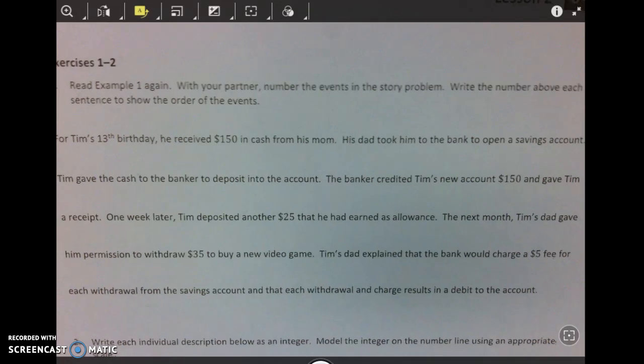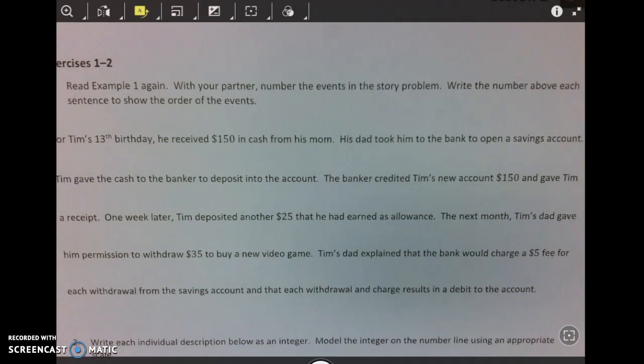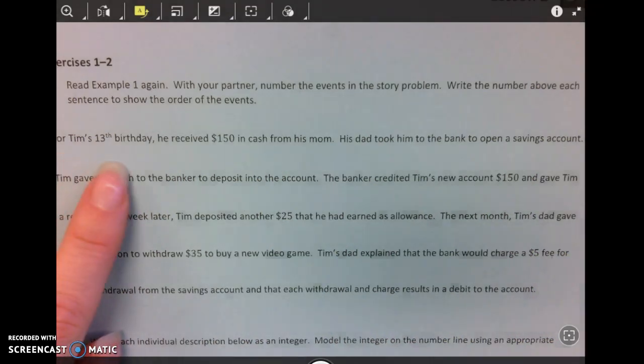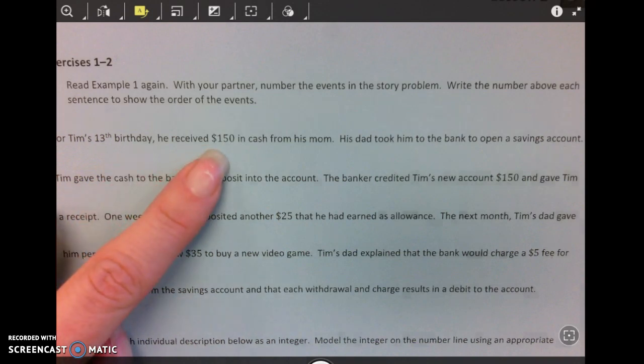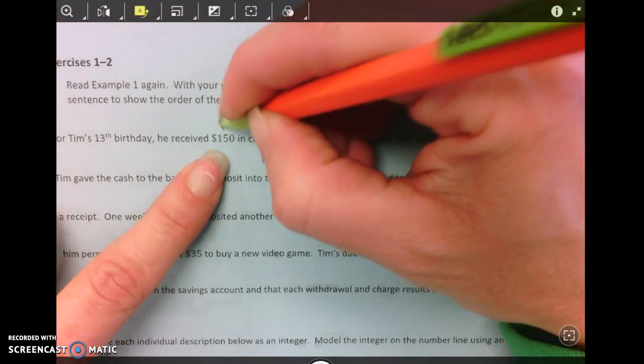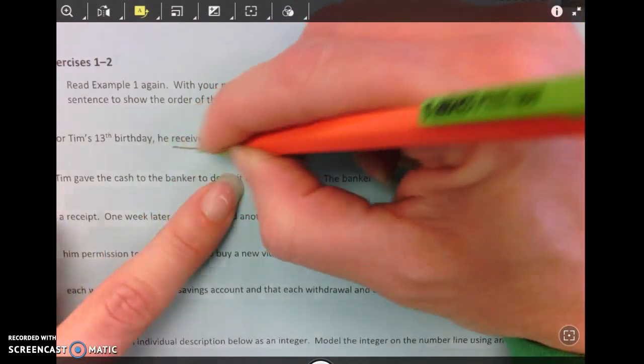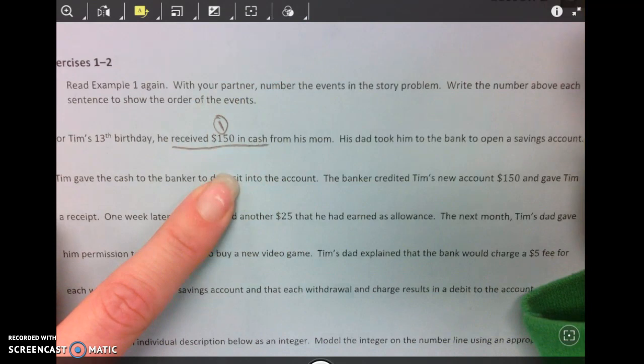All right, so now we know we're talking about Tim and his birthday gift and how he deals with his money at the bank. So now let's reread it and number the order of events that occurred. For Tim's 13th birthday, he received $150 in cash from his mom. So that's event 1, receiving $150 in cash.